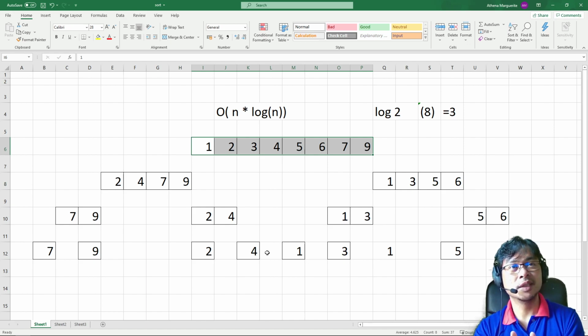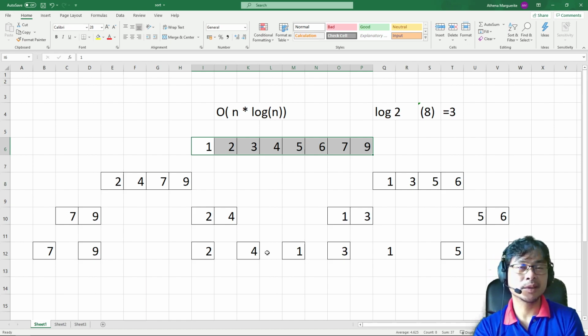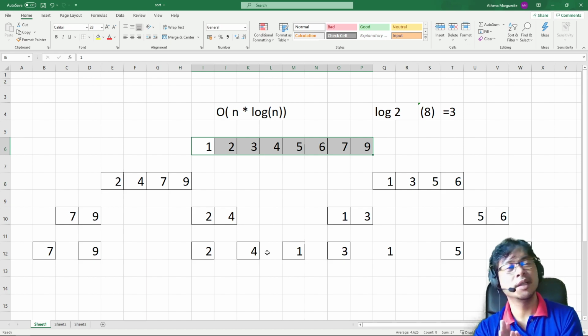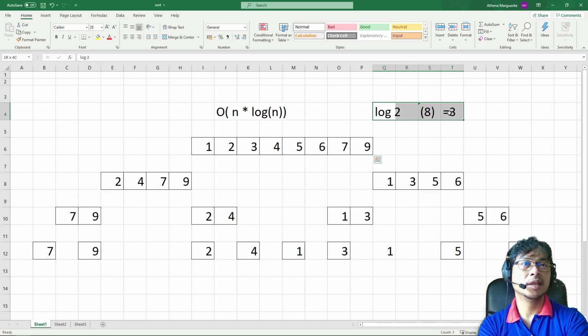We are limited to this. Let's wait for the quick sort, the bubble sort later on, and then tingnan natin yung time complexity. So I suggest you understand log of 2 para madali kayong mag-compute ng time complexity.